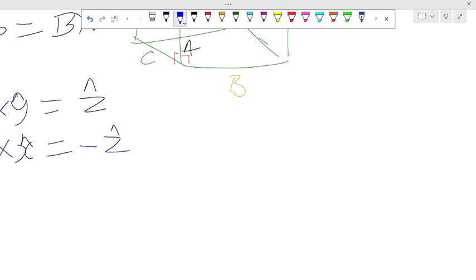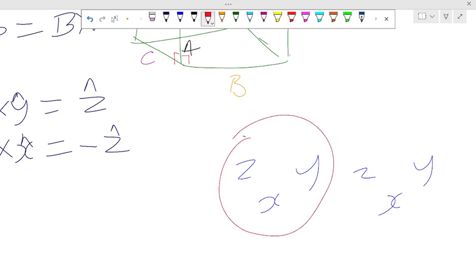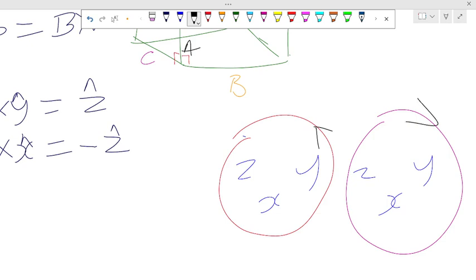Let's write it like this: X, Y, Z, X, Y, Z. If you go in this direction, it's positive. If you go in this direction, it's negative. What do I mean?